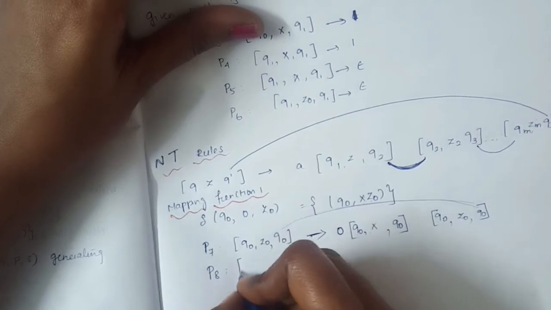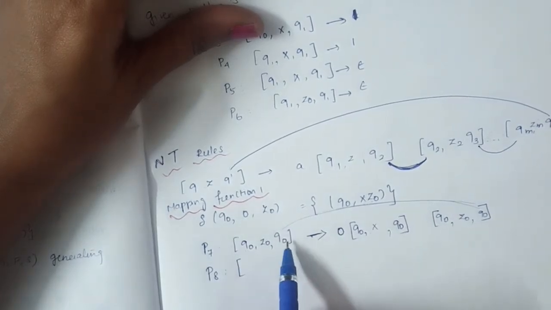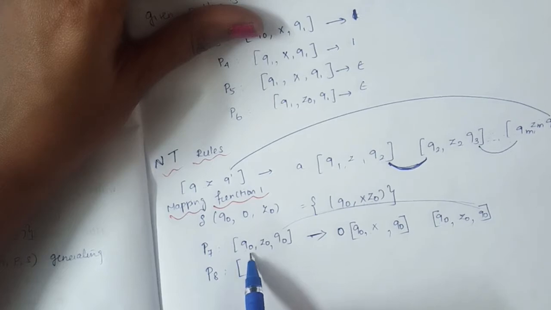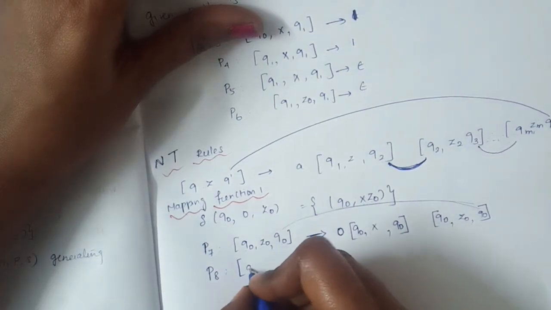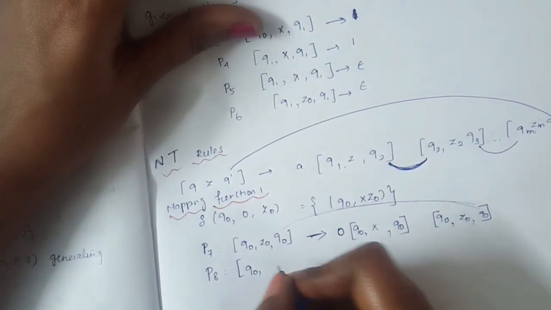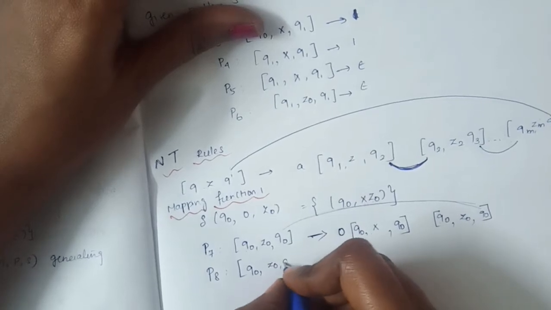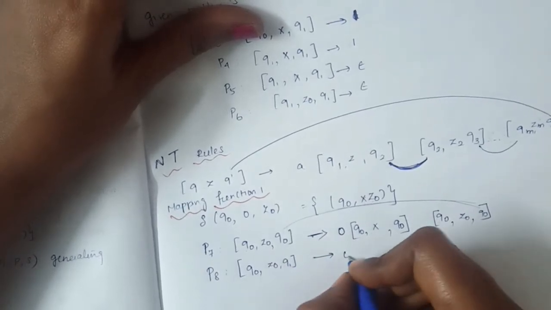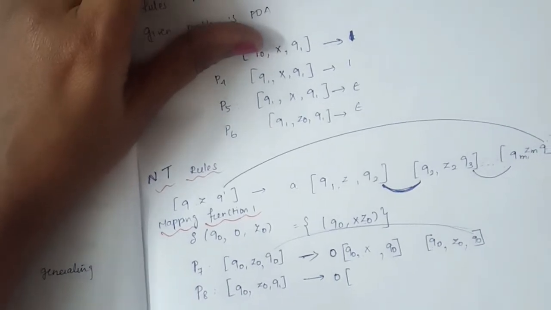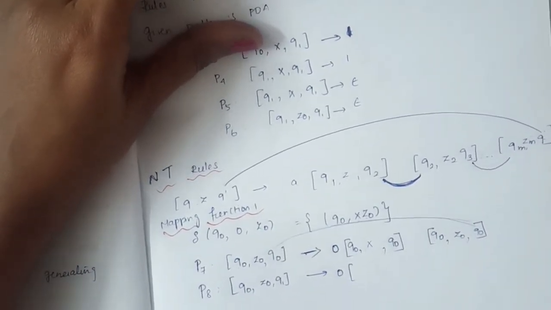See here, when I see this Q0, and one more thing we'll have this, Q0 and Q1 also we have to write. So whatever combinations we are taking, we have to see here.